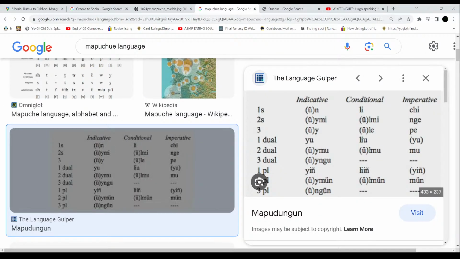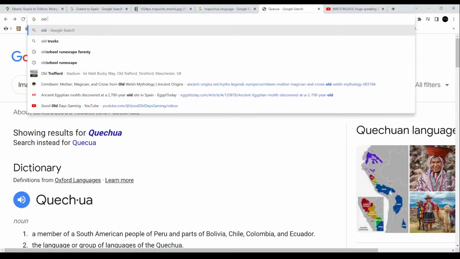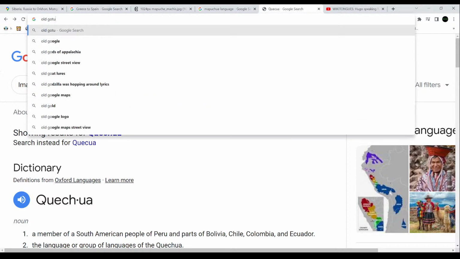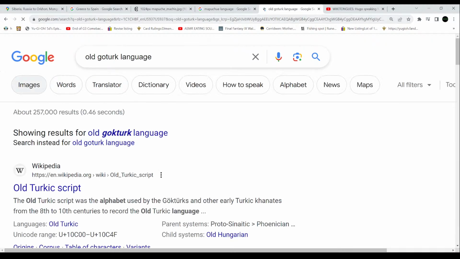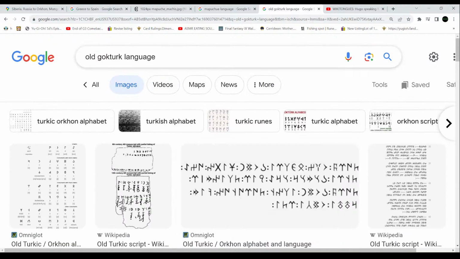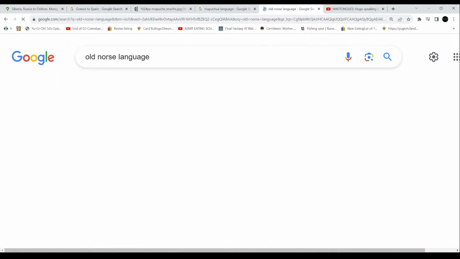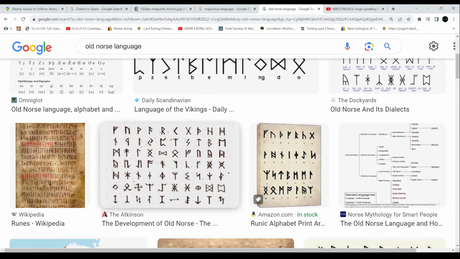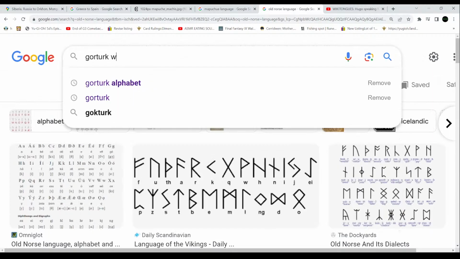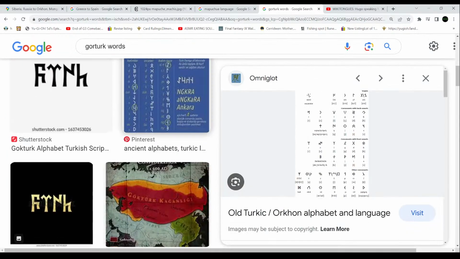And notice how when you look at the letters, they have the same two little dots up above, just like the old Gokturk language. I'm trying to get this right. Okay, hold on, let me see if I can pull it up.